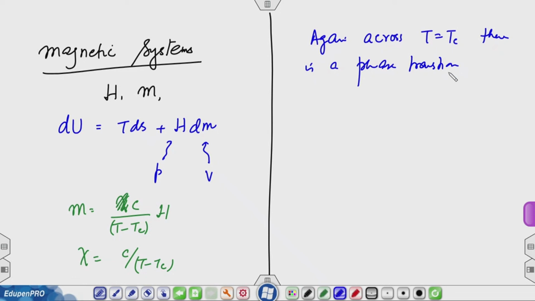You can already see that chi goes to infinity as T goes to Tc.